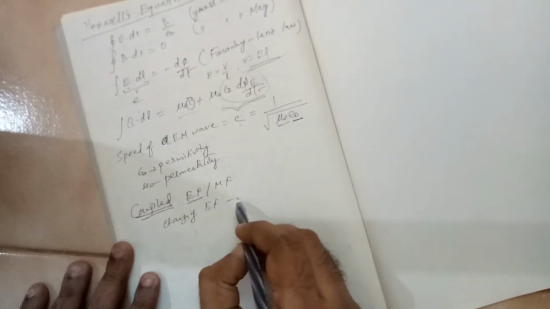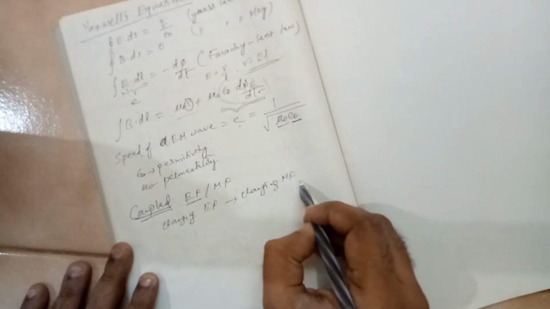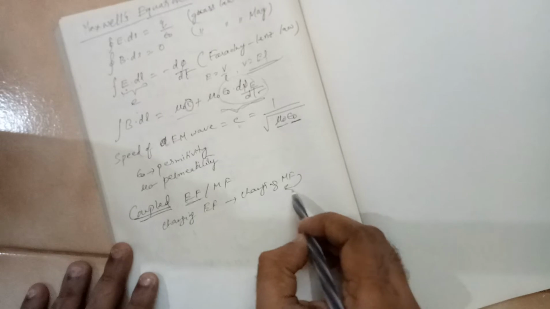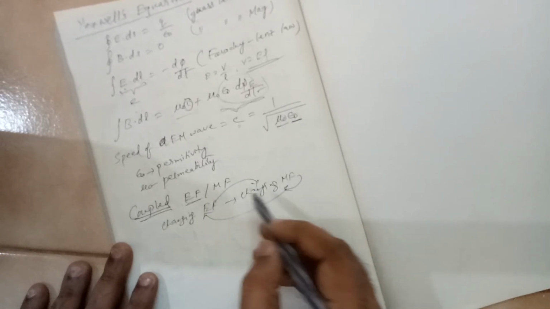Changing electric field gives rise to changing magnetic field, which again gives rise to this, then this, and this process keeps on going. That is the fundamental property of electromagnetic wave. What is the purpose of electromagnetic wave? It carries energy.